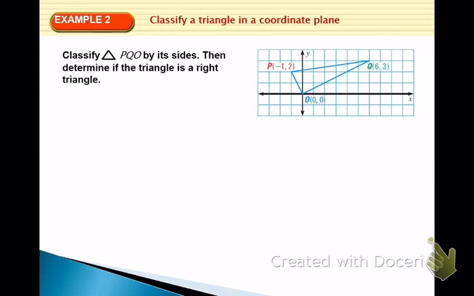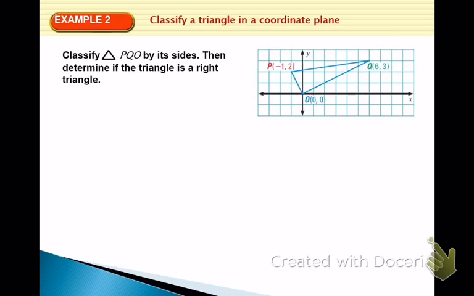When we put that triangle in a coordinate plane, it creates coordinates for our vertices. And so if I wanted to classify this triangle by its side lengths, then we'd have to go find the side lengths and see if any of them are the same.